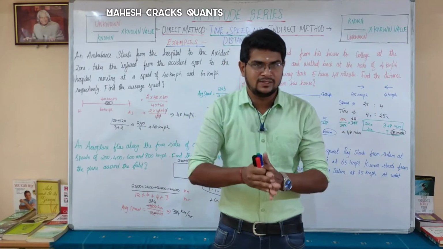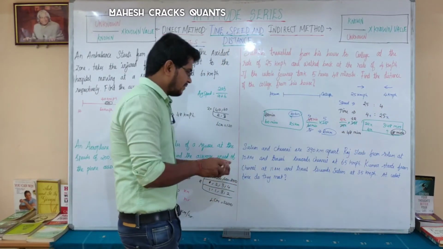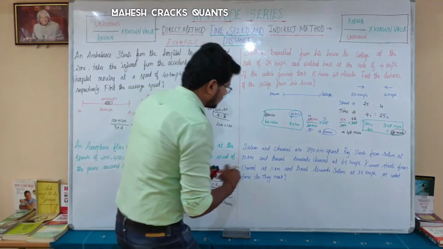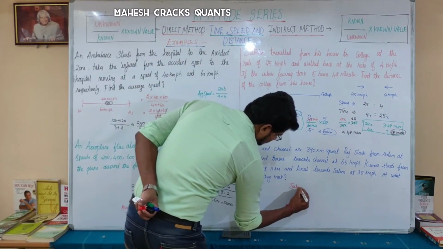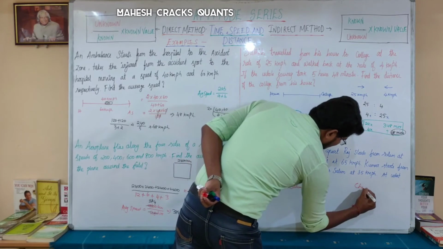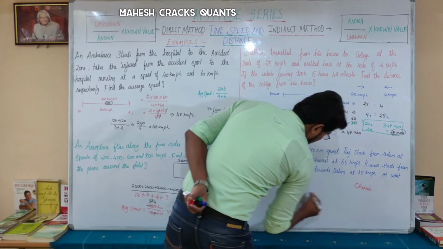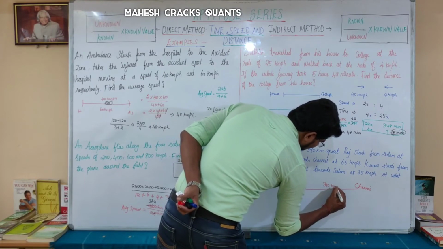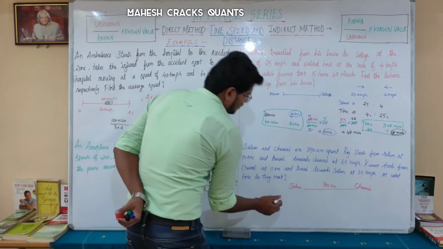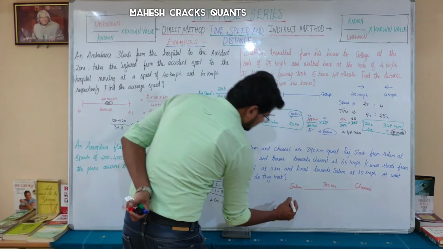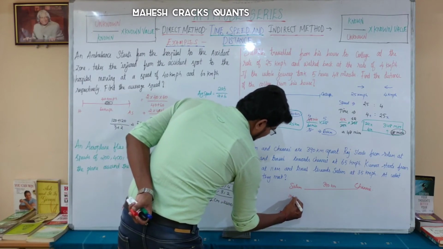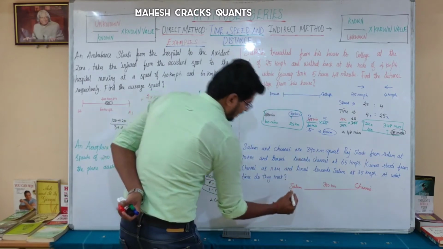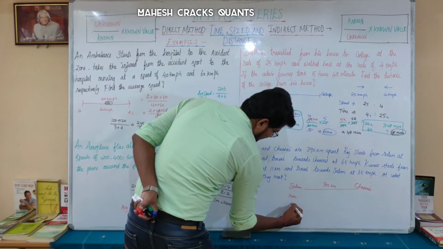They will definitely meet. So first take down the given information. So Salem, Chennai, 2 places. So this is 390 km apart. Done. Next one, what is the thing? First Raj starts at 10 a.m. from Salem towards Chennai at the speed of 65 km per hour.